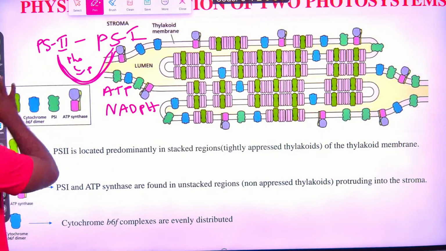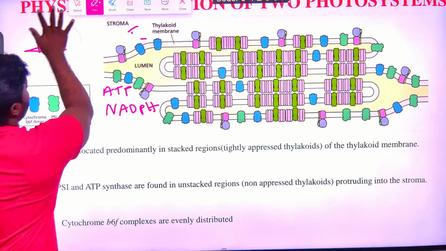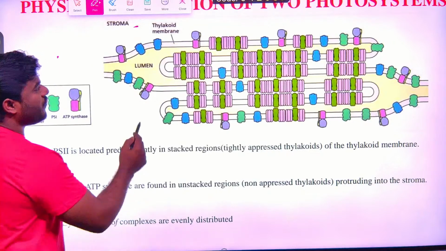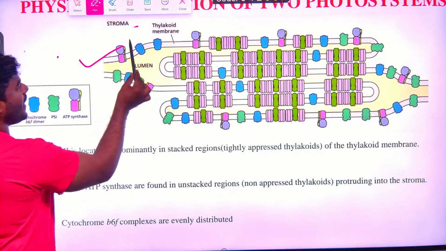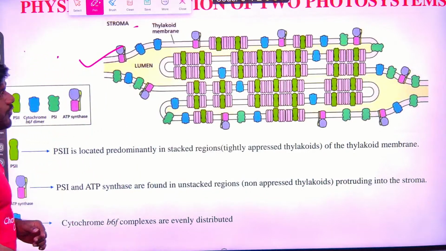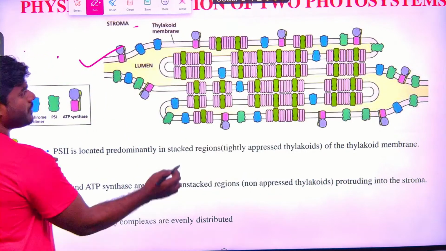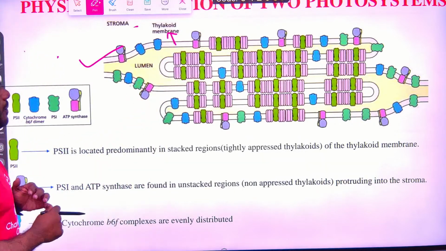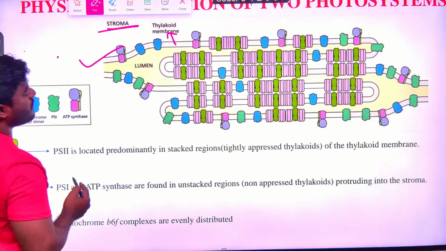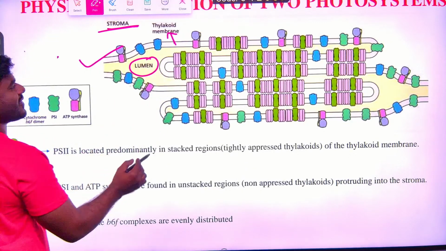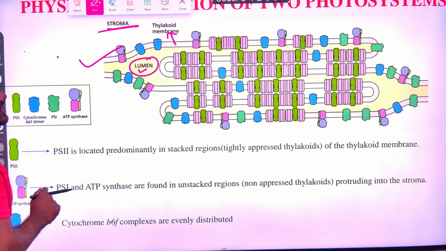For that reason, it is very important that we separate the two photosystems that are located on the thylakoid membrane. Now all of you observe the picture very carefully. This is the thylakoid membrane, and of course the matrix which is called stroma, and inside, the fluid-filled structure which we generally call the lumen.